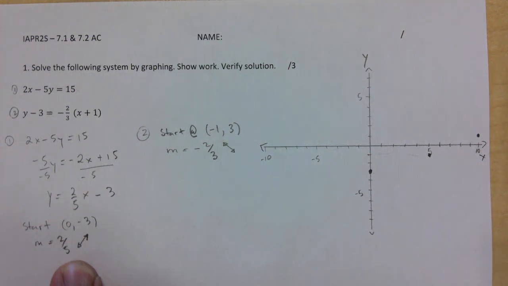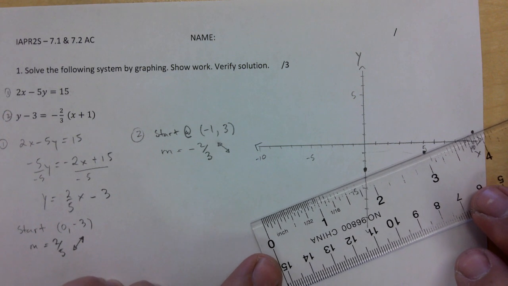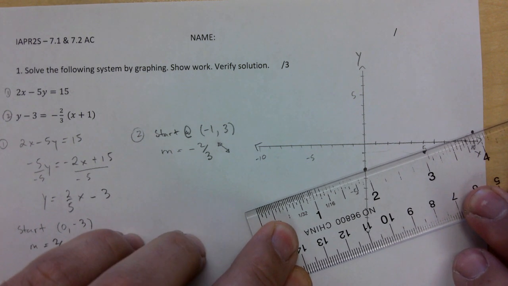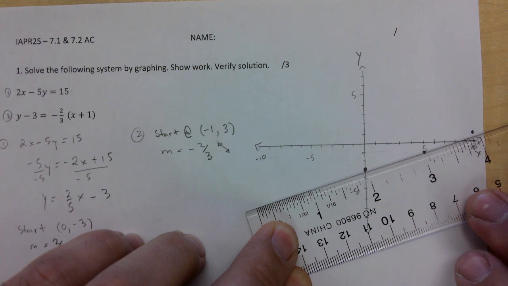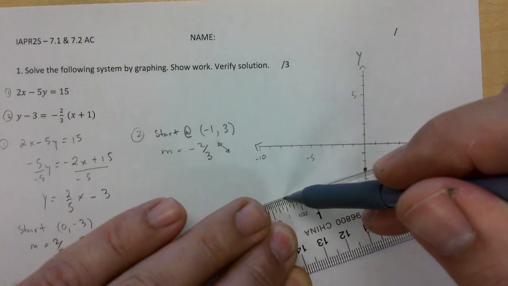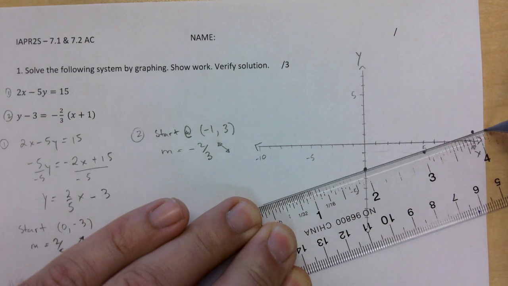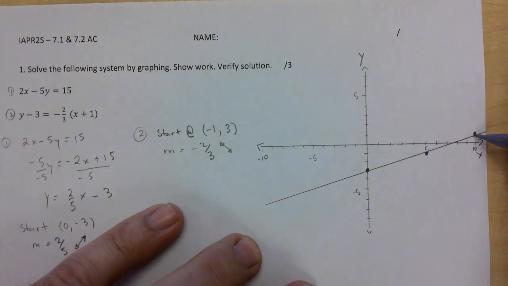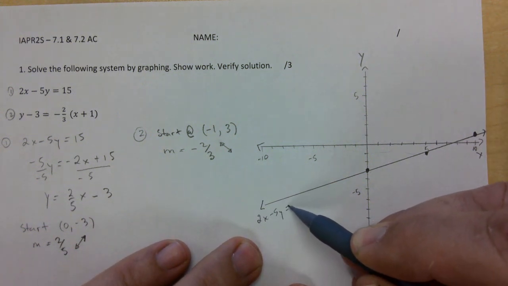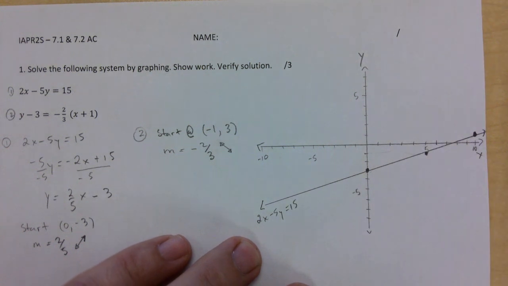So let's see if it lines up. Not 100%, but I'm going to make this work out somehow. Then you just make the dot a little bit bigger. 2x minus 5y is equal to 15 is graphed right here.